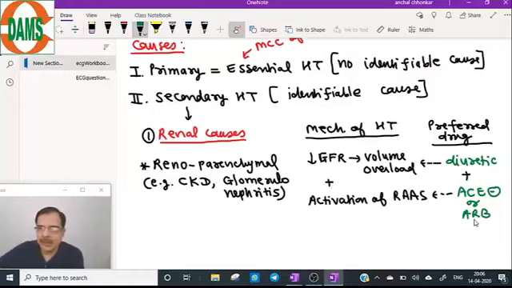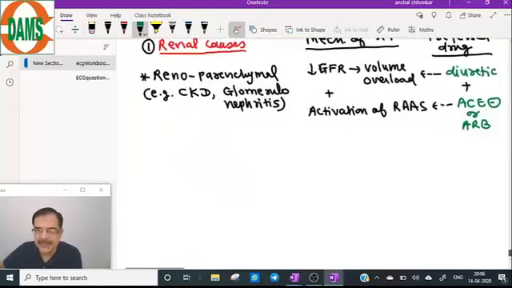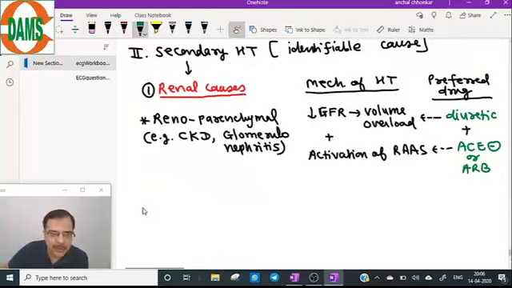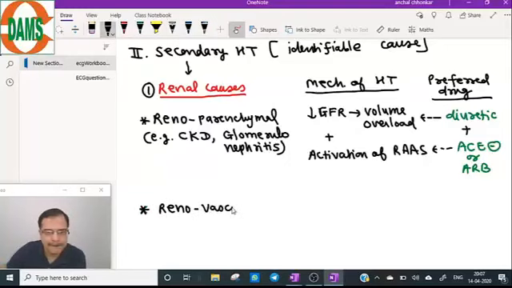Now come to the number 2 renal cause, renovascular. For example, renal artery stenosis.